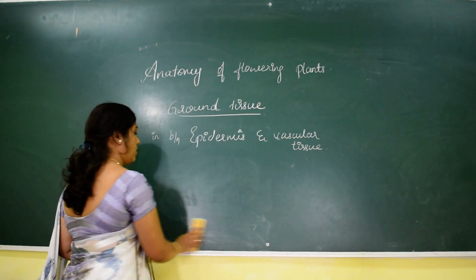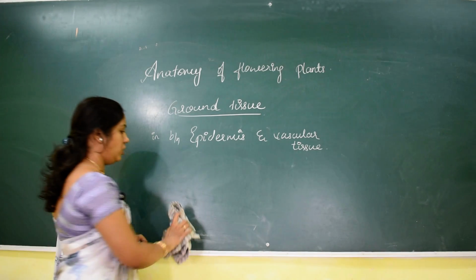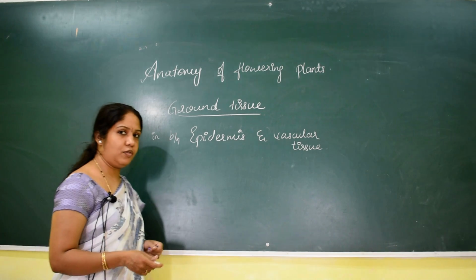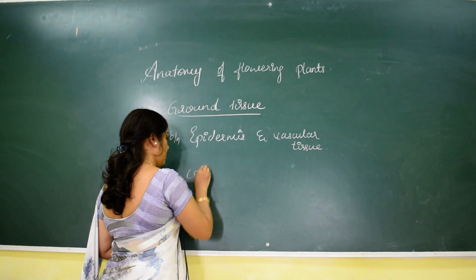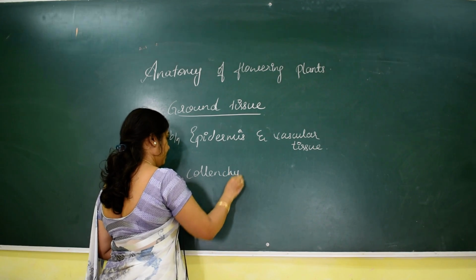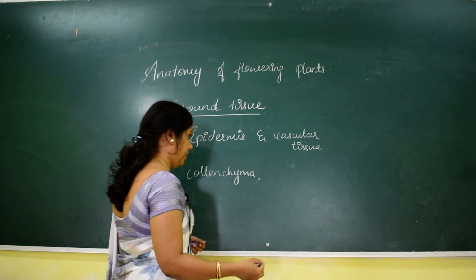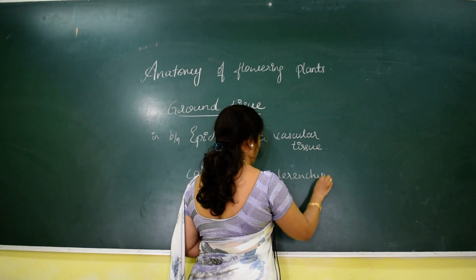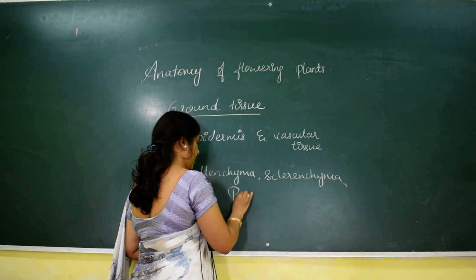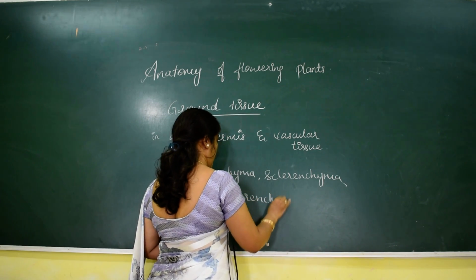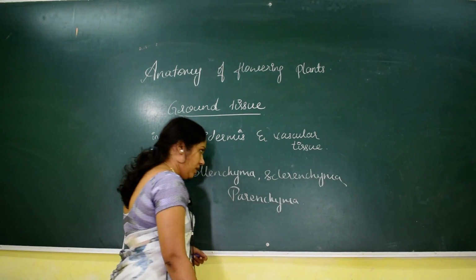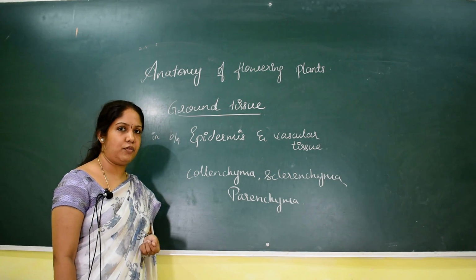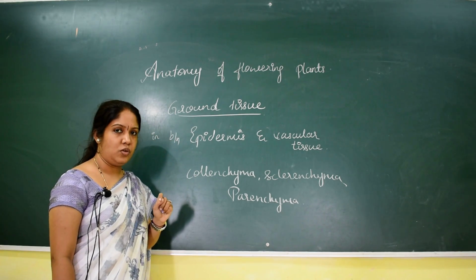Now what is this ground tissue made up of? The ground tissue consists of different types of cells. It is not made up of a particular type of cell. It may be made up of collenchyma, sclerenchyma, or even parenchyma tissue. So either we can see collenchyma, sclerenchyma, or parenchyma in a ground tissue.